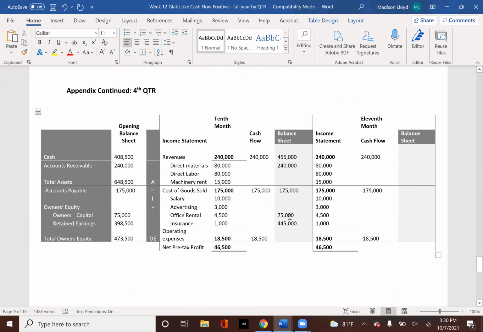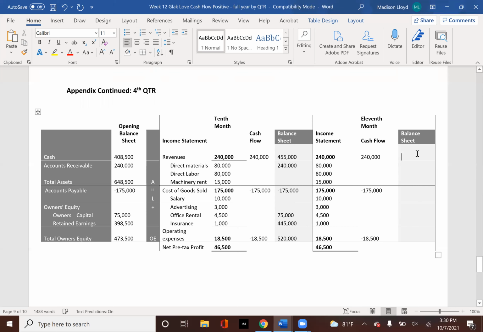Add your earnings plus your owner's capital to get your total owner's equity, $520,000. Okay. You just go down the list and you just zigzag over to the next list and keep on going like that. Our 11th month, all of the values are the same.